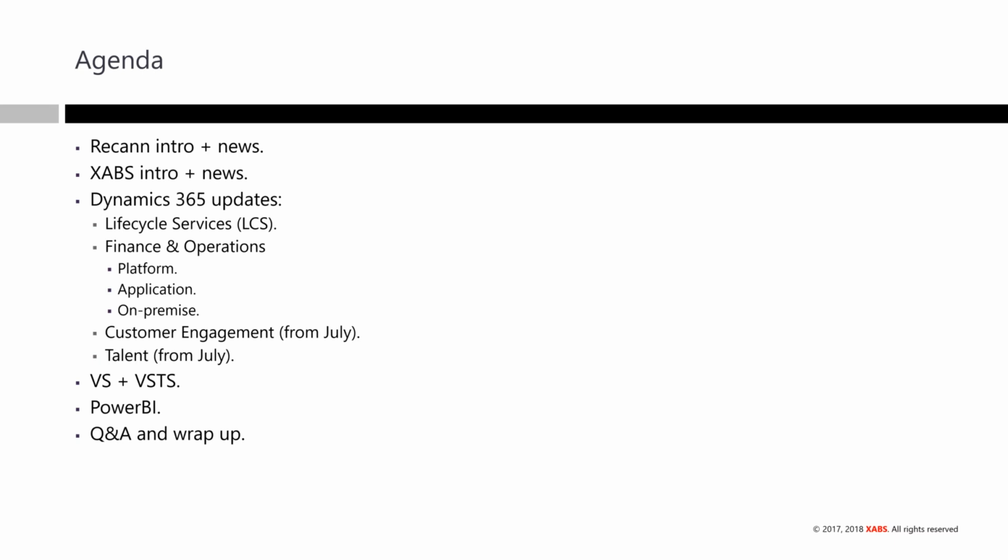Then we have VS and VSTS, which are not really Dynamics 365 tools, and Power BI. They're independent tools, even though we normally use them in the context of Dynamics 365, so we're making them separate sections. Finally, we do some QA and wrap up, to see if anyone has any questions.